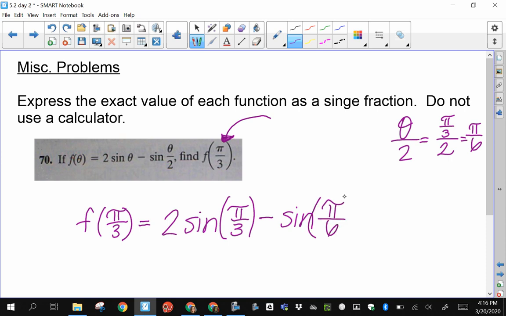Okay, so there's the initial setup. And I would challenge you to not just rely on your unit circle. We can't rely on the calculator here anyway. It's never a bad idea to go back and double check with your unit circle, but this is good practice for us. So if you think about pi over 6 and what that looks like, a sixth of pi is going to make a small triangle there.